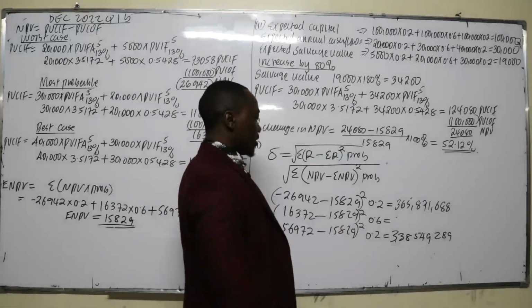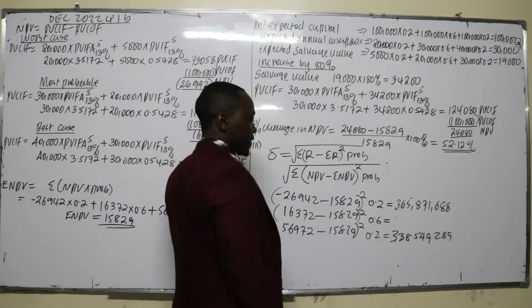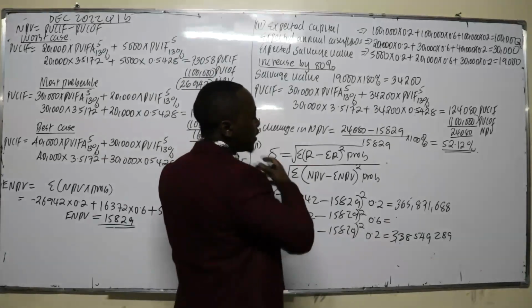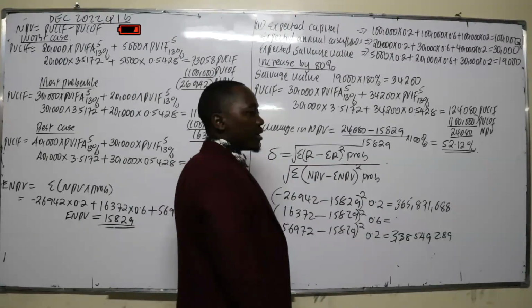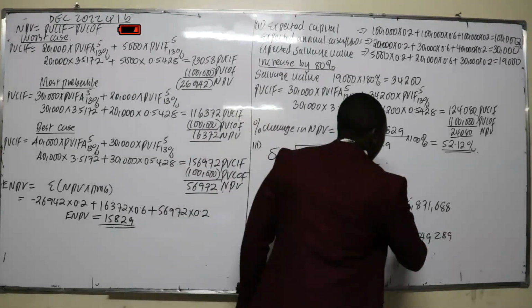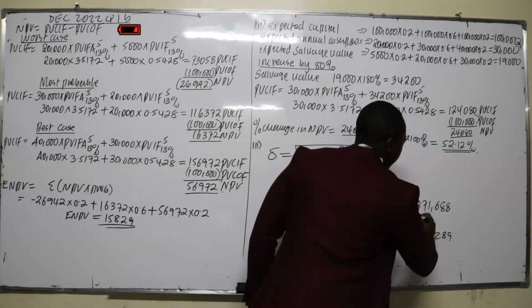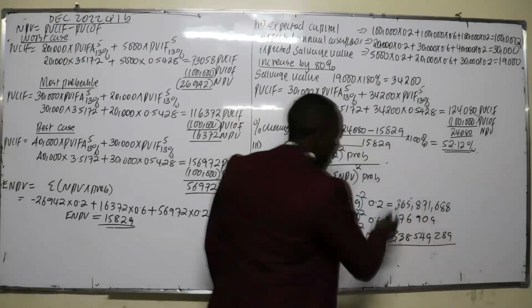The last one is 337. Work on the second one. 176,909. Good. Add the total.